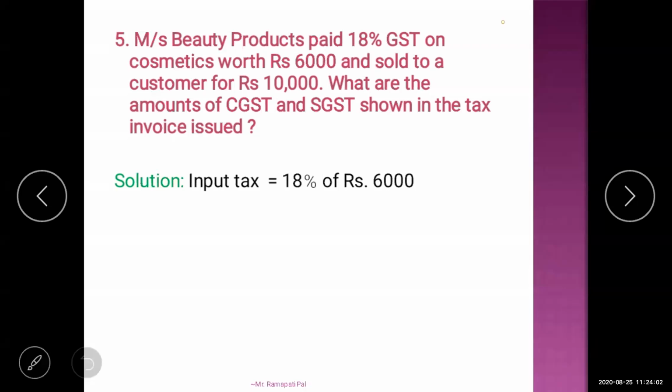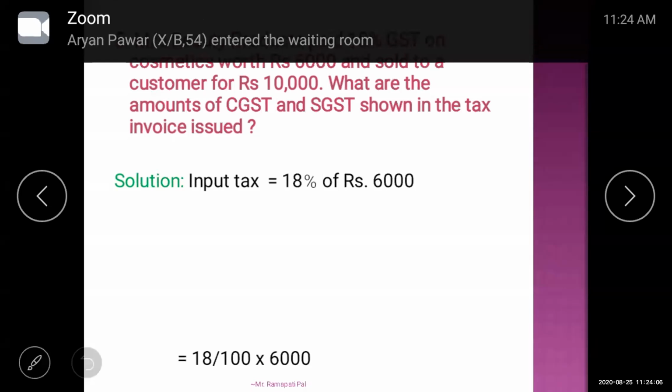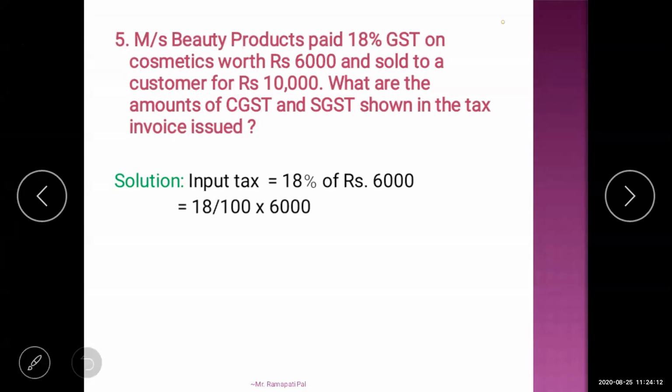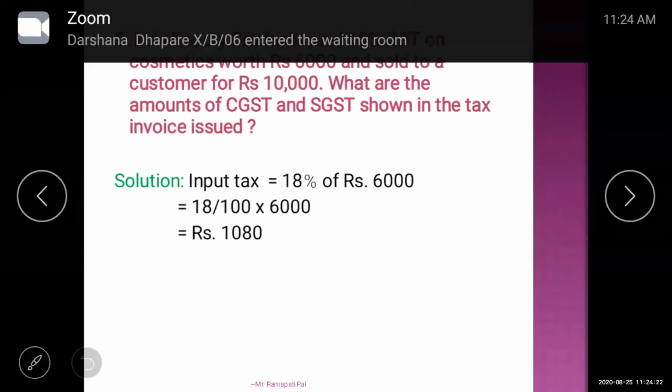The zeros will be cancelled, so 18 into 60 is equal to 1080. That is 1080 rupees, the input tax.